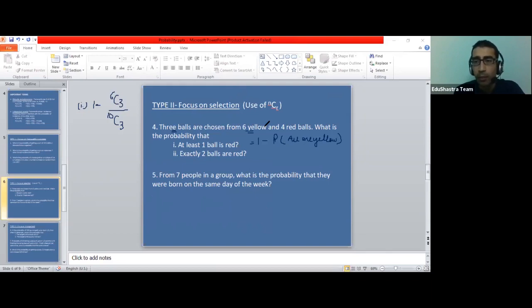The other thing that I want to mention with regard to this question and such questions is that if the question only says 6 yellow and 4 red balls, you are going to assume there are 6 distinct yellow and 4 distinct red balls. You will not think of them as the same balls or similar in nature.